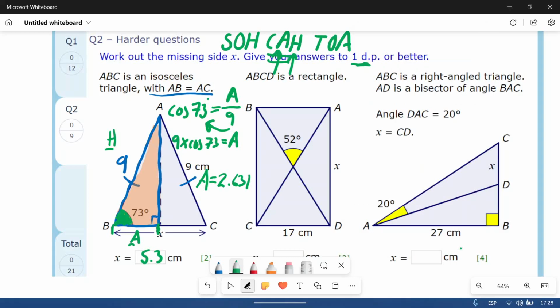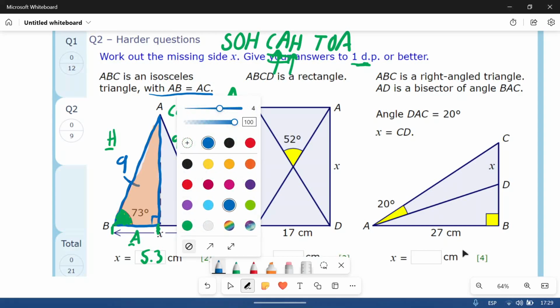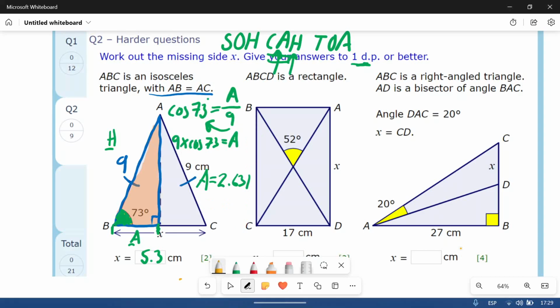Nice. Okay, let's change the colors here. Right, looking at the next one. Okay, what angles can we find? Let's use a different color. Right, so if that's 52, then this will be 52. And being a rectangle, we know that the diagonals are the same length, so this will be another isosceles triangle.